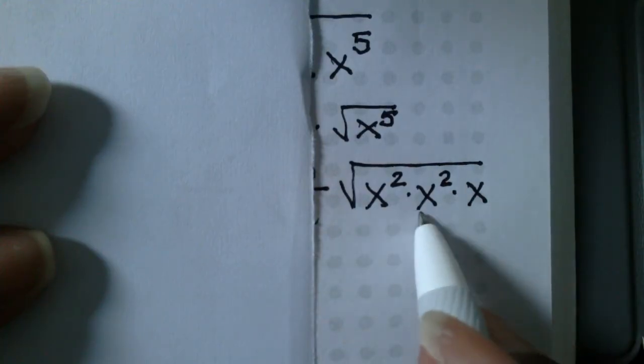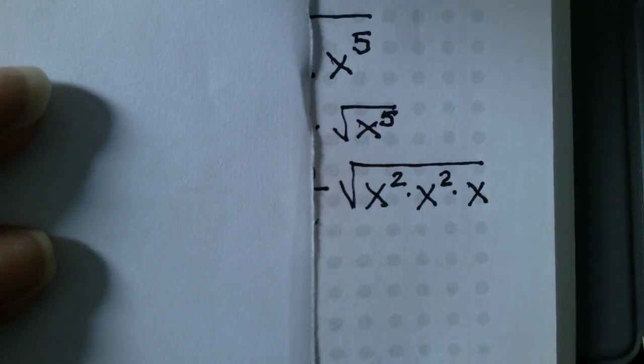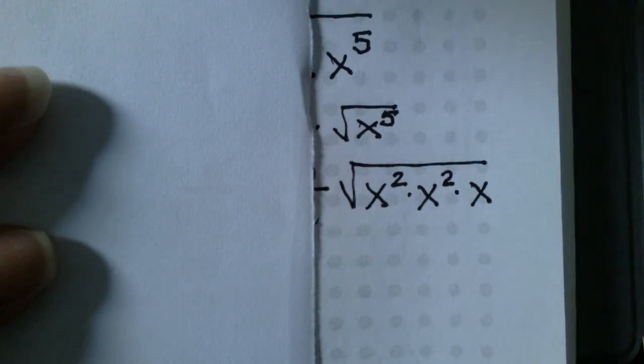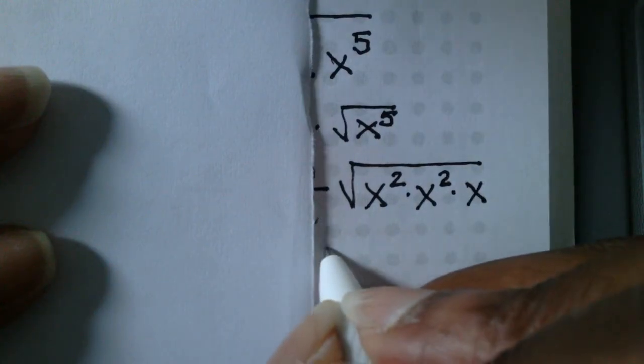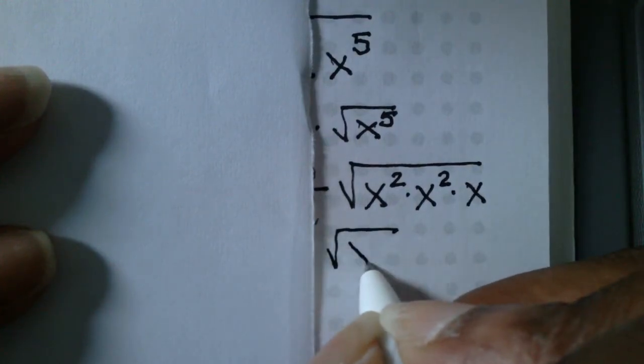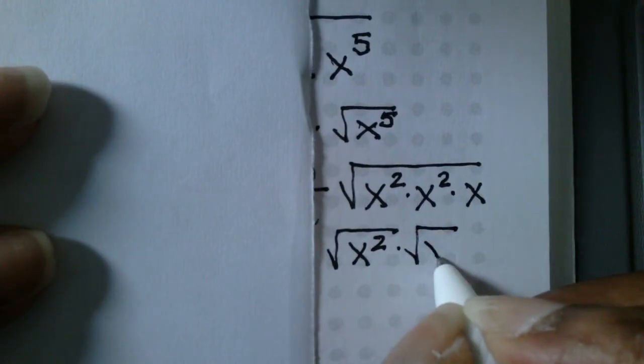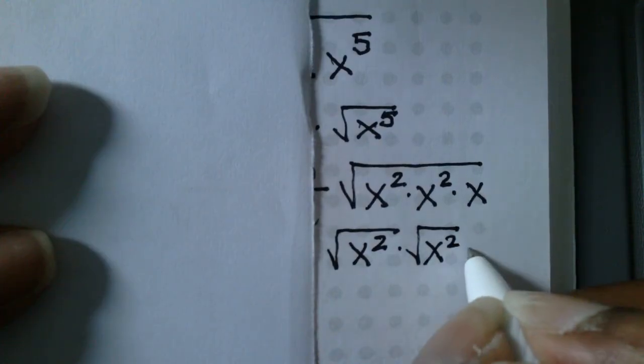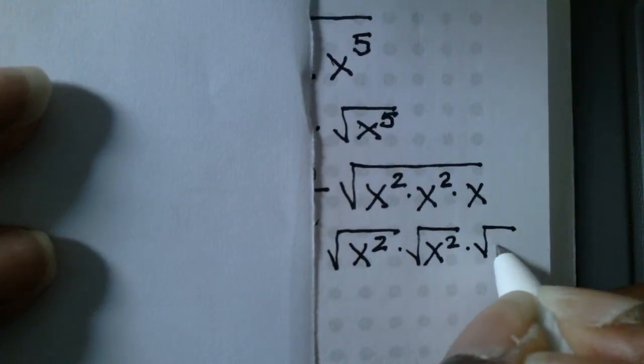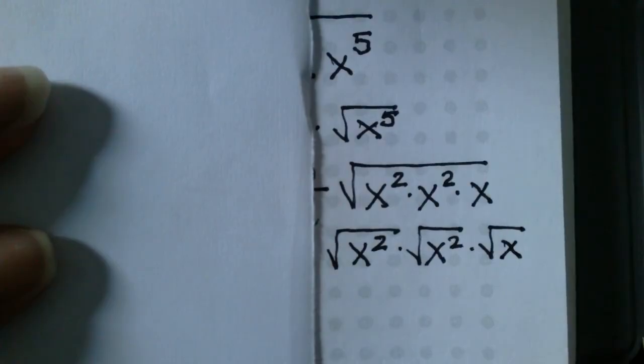So if you want, you can put them each in their own radical. Okay, this is just so you can see the steps. So if I do the square root of x squared times the square root of x squared, and then you have your square root of x.